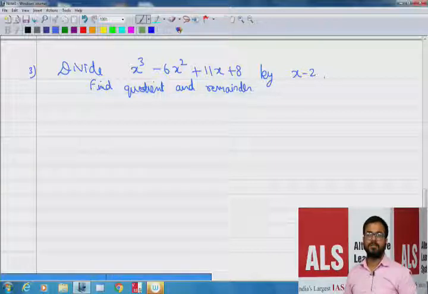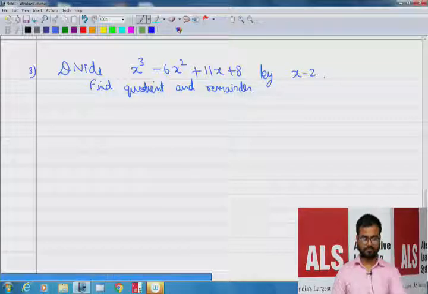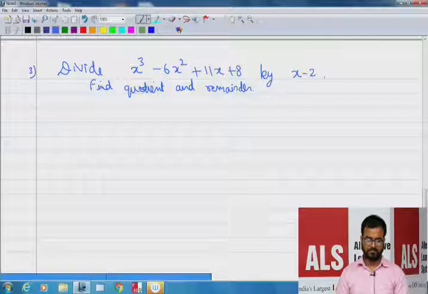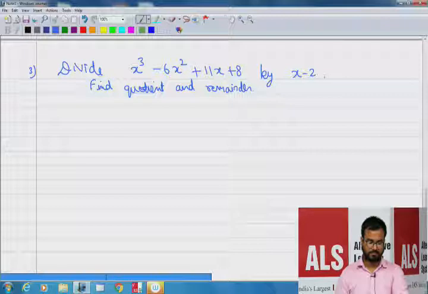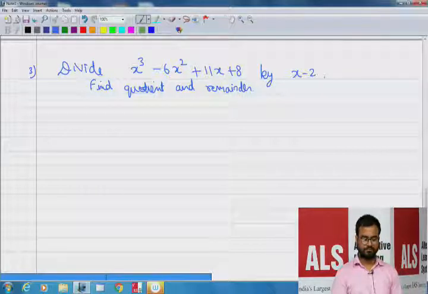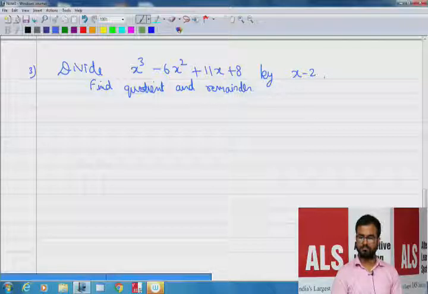Koima, what is your answer? Remainder is equal to 14, that's correct.